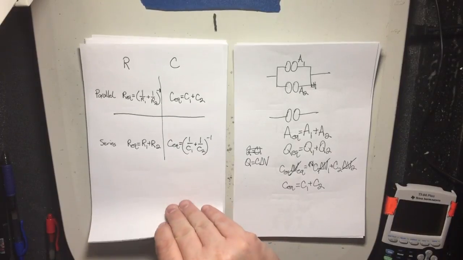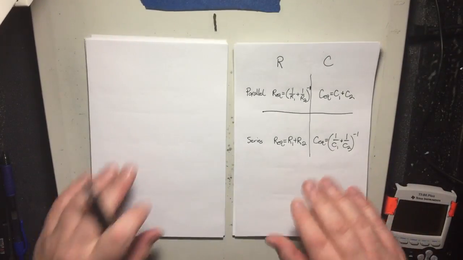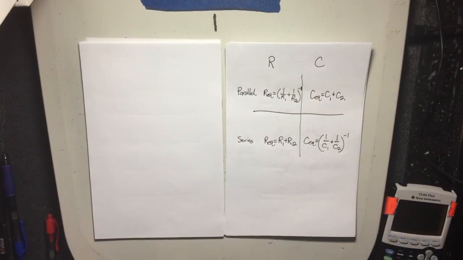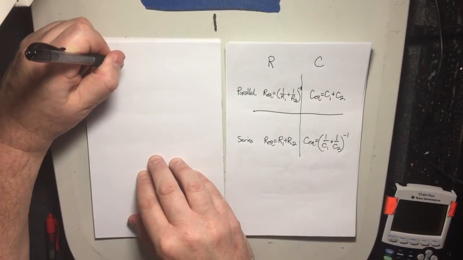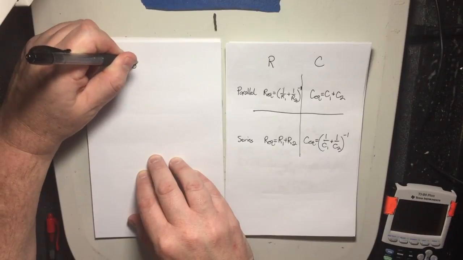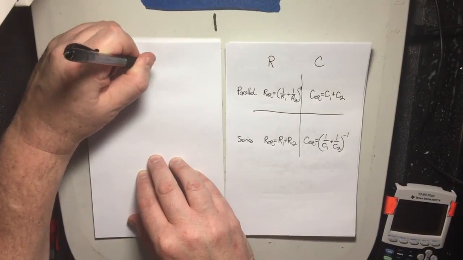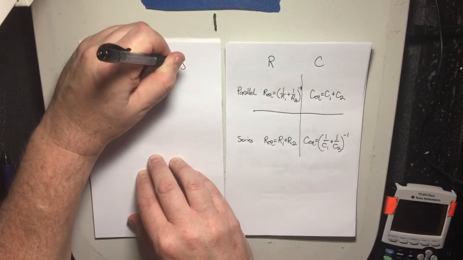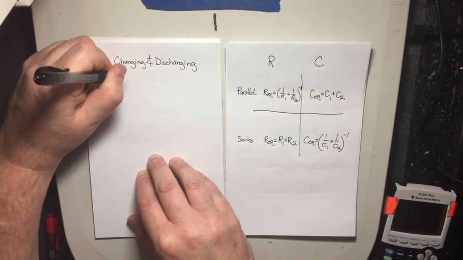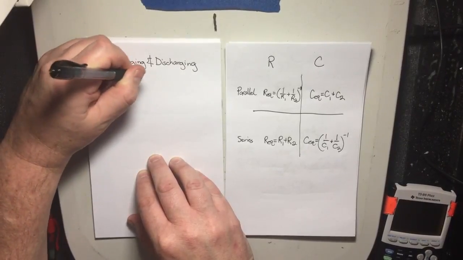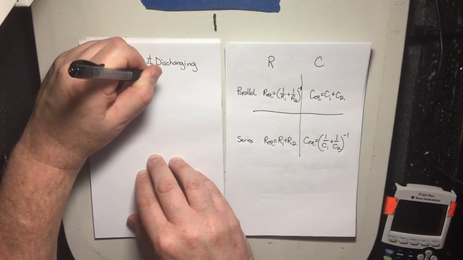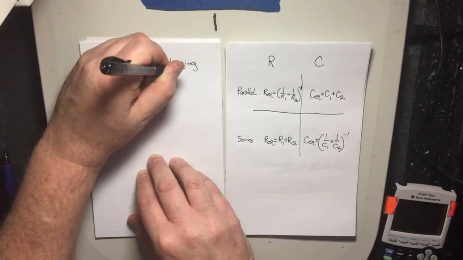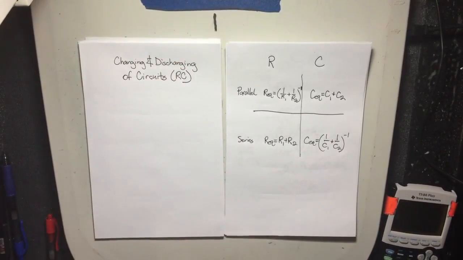Now, one last thing that we need to cover is charging and discharging of circuits, namely circuits that are RC. RC circuits are what we're looking at.